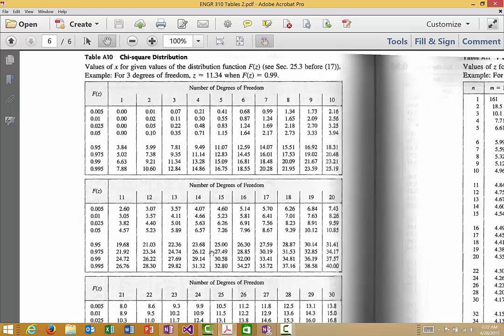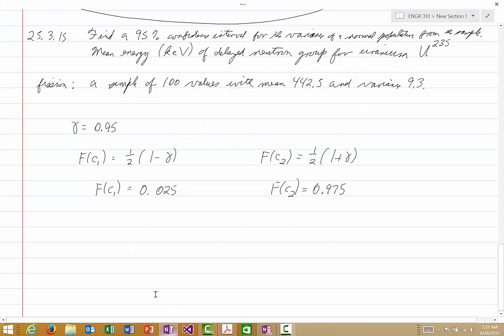Now, we were told again here that we have a sample of 100 values. So if we have 100 values in the sample, then n is 100. So we'll note that here at the top, n equals 100. So n minus 1 is 99.